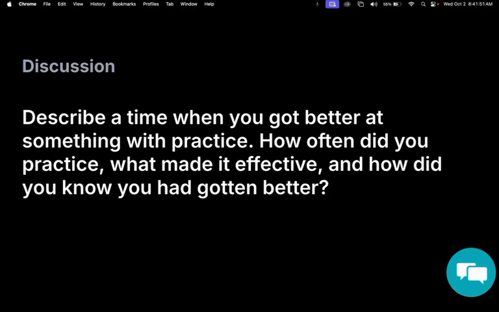So one teacher had shared about batting in softball. Well, she ended up spending a lot of time practicing hitting her swings, just making contact with the ball so that when she got into a game, she was going to be a better batter, being able to hit the ball, take better swings, and things like that.